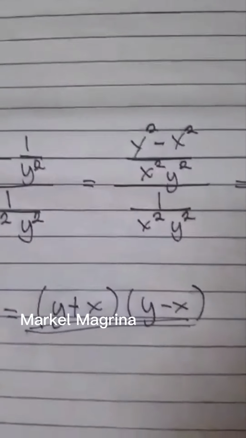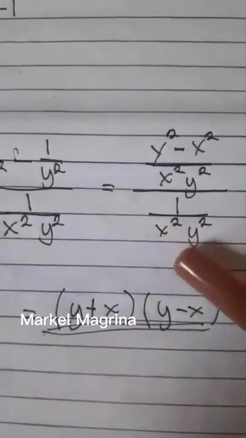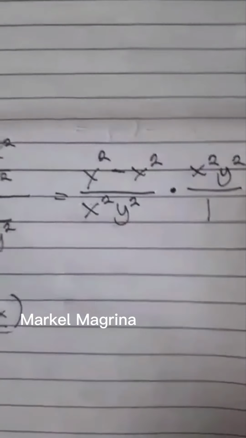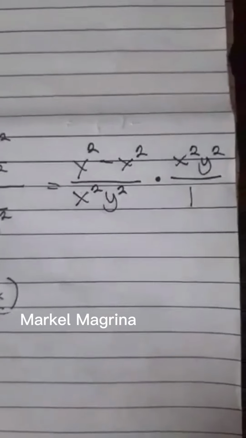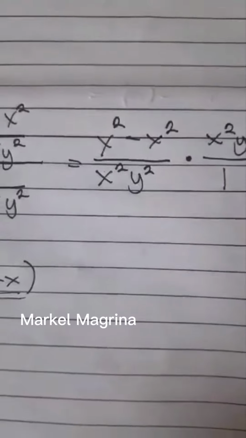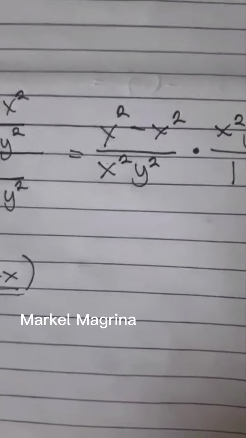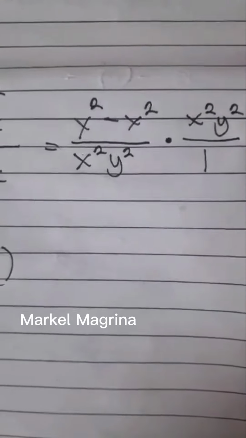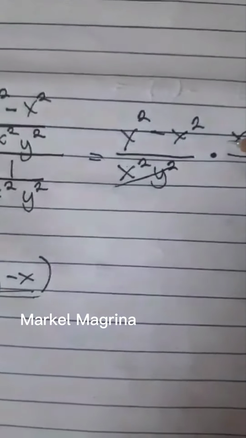So, next, you take the reciprocal of the denominator so you can multiply them. The equation becomes y to the power of 2 minus x to the power of 2 over x to the power of 2 y to the power of 2, multiplied by x to the power of 2 y to the power of 2 over 1. Cancel out x to the power of 2 y to the power of 2 on both sides because they are the same.